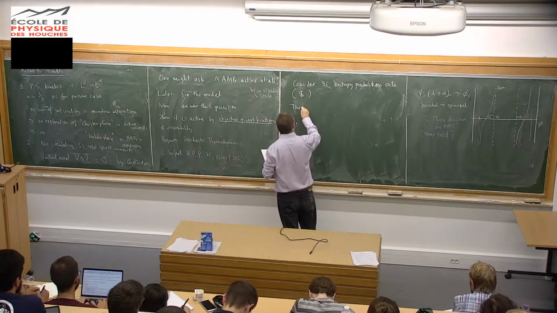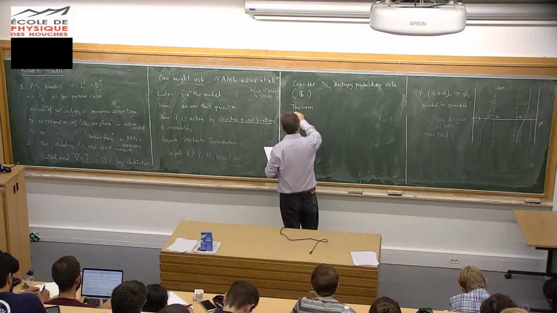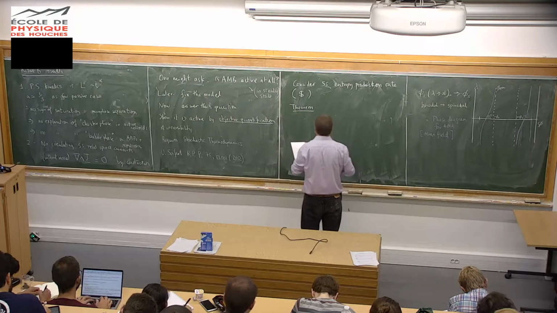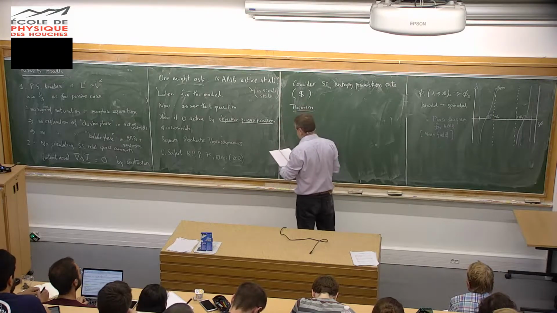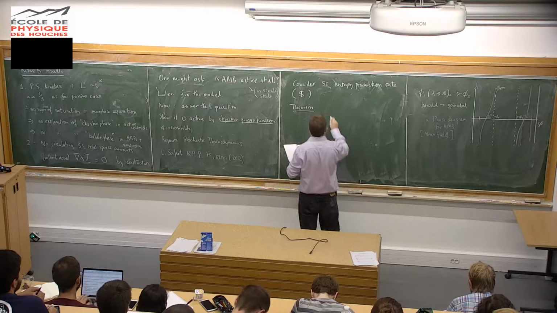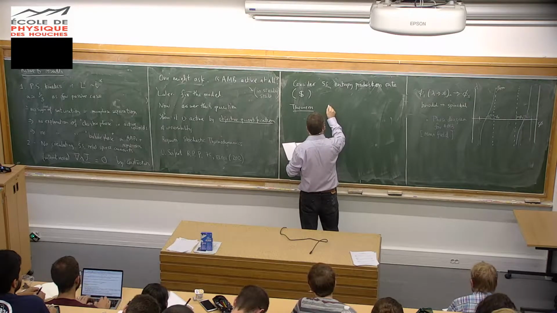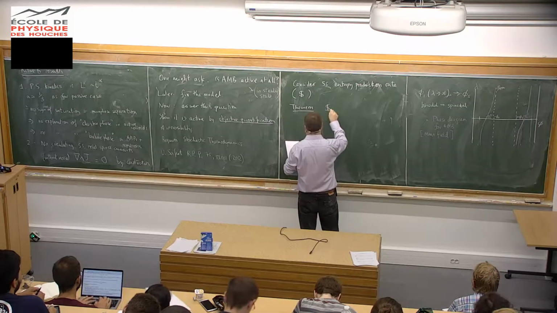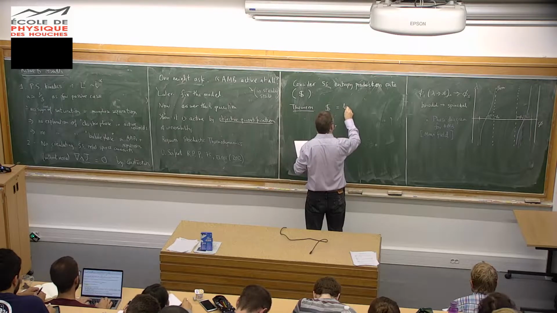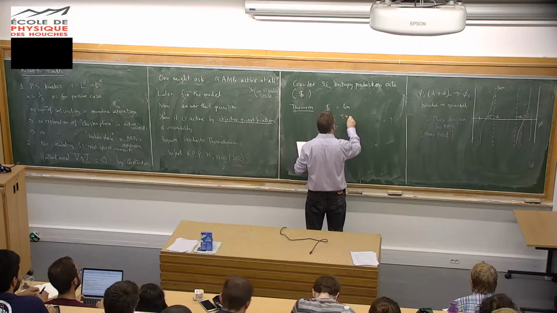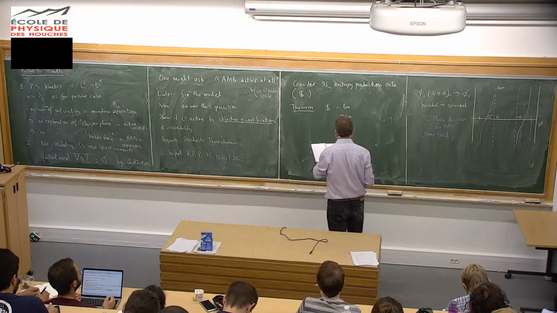Theorem. This is a core result of stochastic thermodynamics, although I'll say in a second where it came from. Steady state entropy production is the limit as some time interval goes to infinity, so I look at the system for an extremely long time.